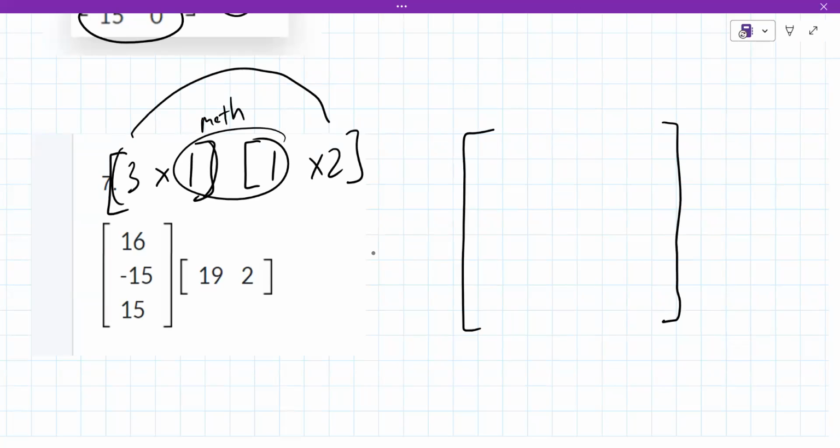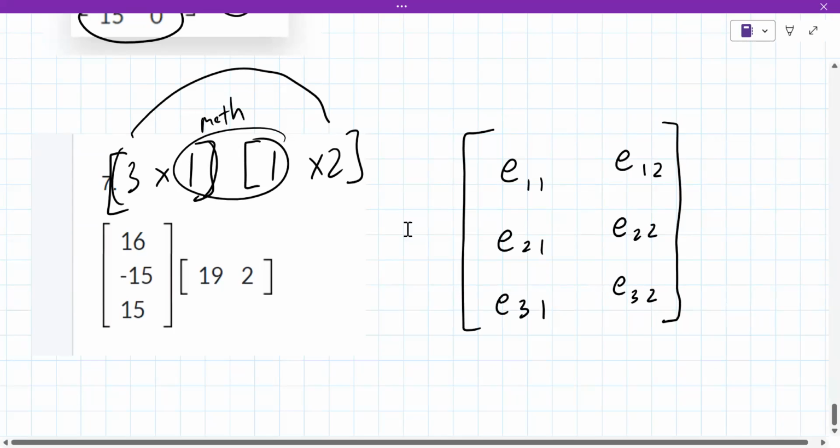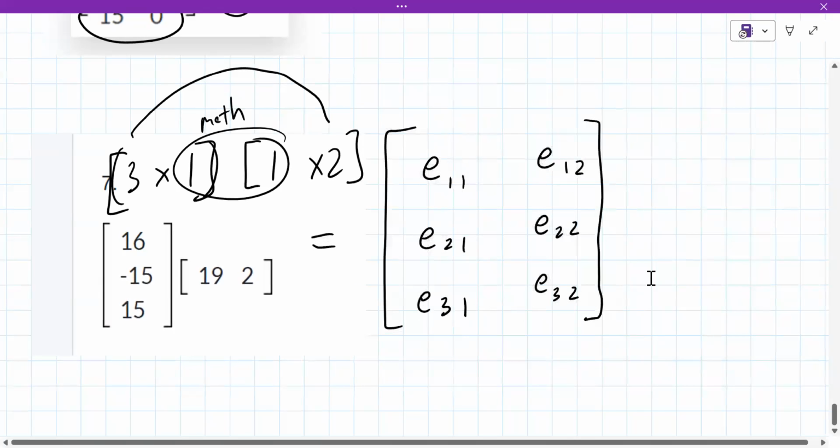So it's going to have 6 entries: E11, E21, E31, E12, E22, E32. So our answer is 3 rows and 2 columns, and we have to come up with those numbers.